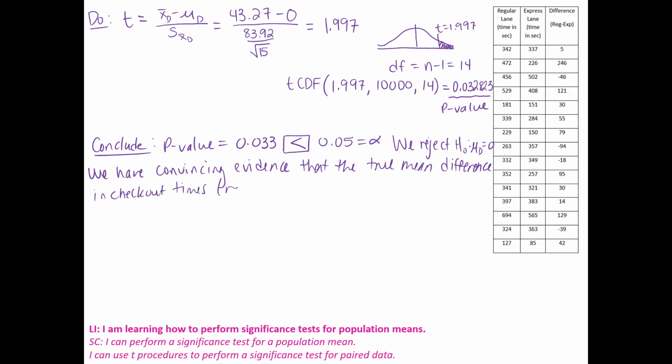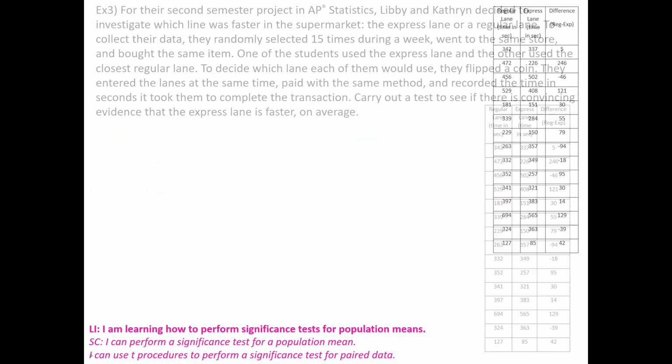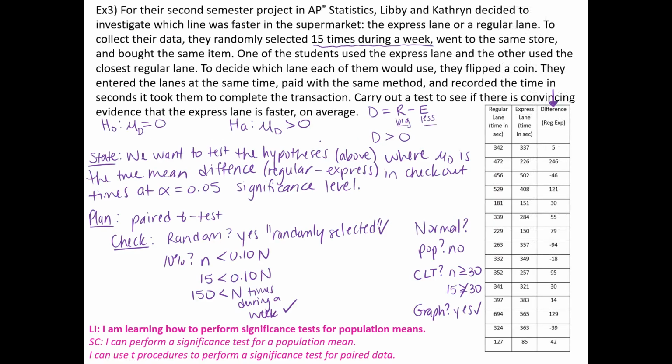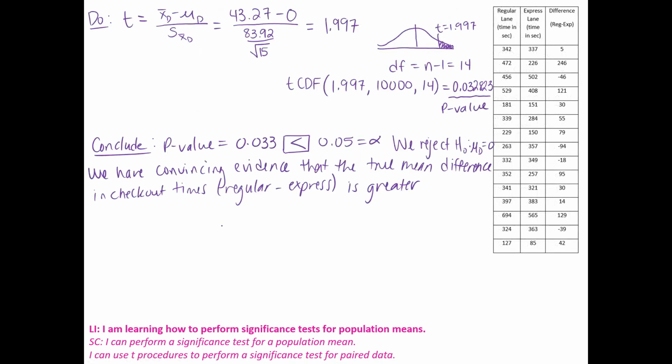and our checkout times were the regular minus the express. The true mean difference is greater than, was it greater than? Sorry, I got to go back and look. What was our null hypothesis? Was that the difference was greater than, okay. That was because the regular should be longer than the express, so yes, is greater than 0.